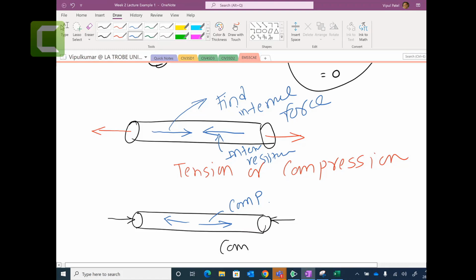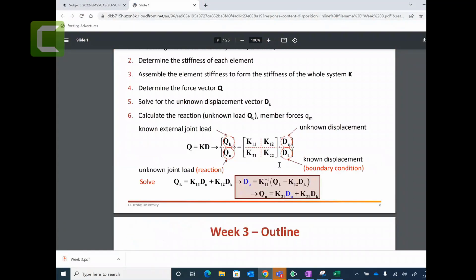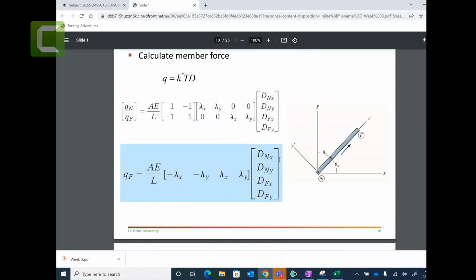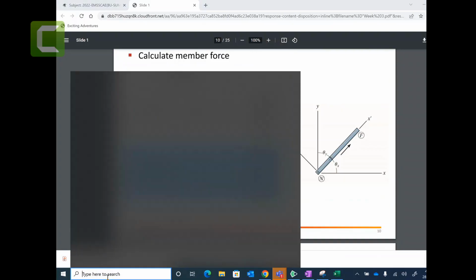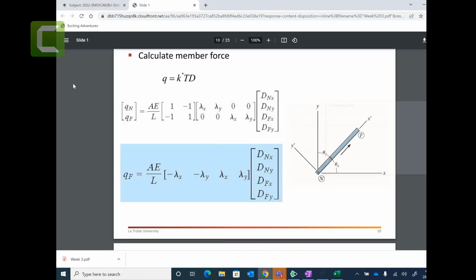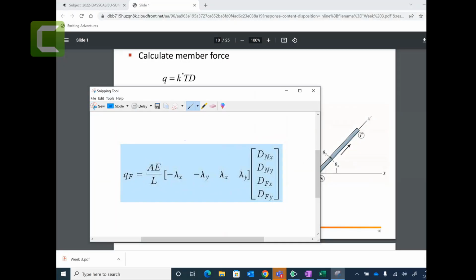So now our goal is to find how much internal resistance you got. We did not put the equations there, so let me go and find them. There you go. That is the equation to find the internal force. And we don't know whether it is in tension or compression. I will tell you when it comes to the story.